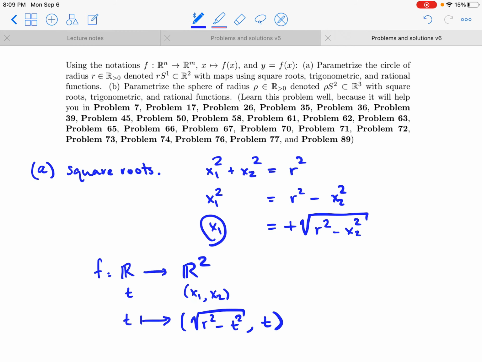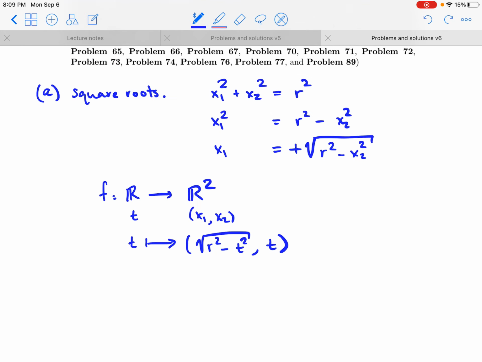That's what this second component function is doing, and then I replaced the first one by this value. So my parameter t is secretly the second coordinate axis, that axis right there. And since I chose the positive square root, this will give me the right half of the circle. It's missing this left half.